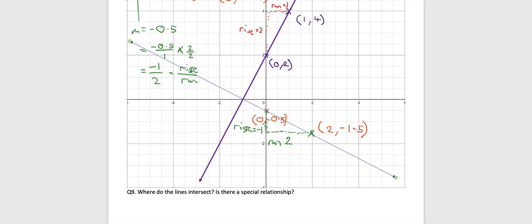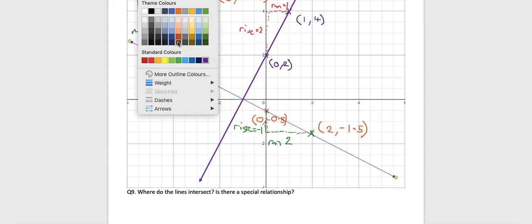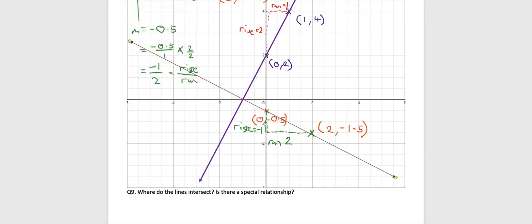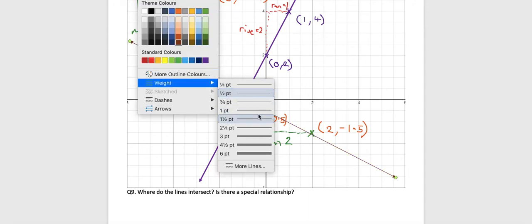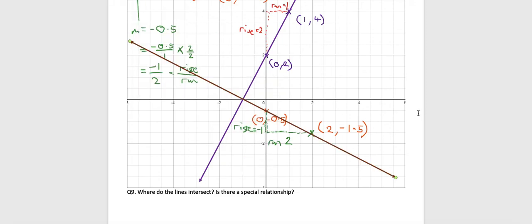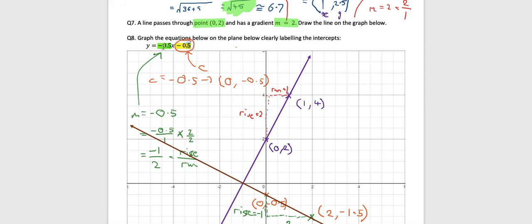Alright, done. Now going back, we'll fill in this line so it's nice and neat. We won't make it purple, let's make it orange. That's a nice color, and we haven't used it before. And thus, now we have graphed this particular line here.